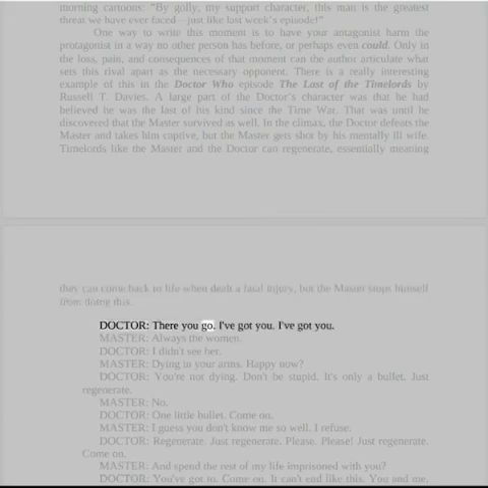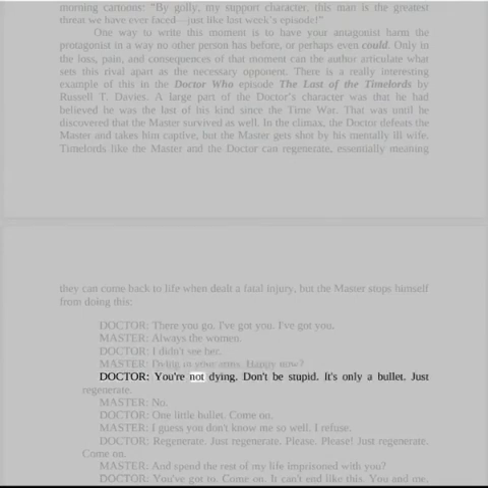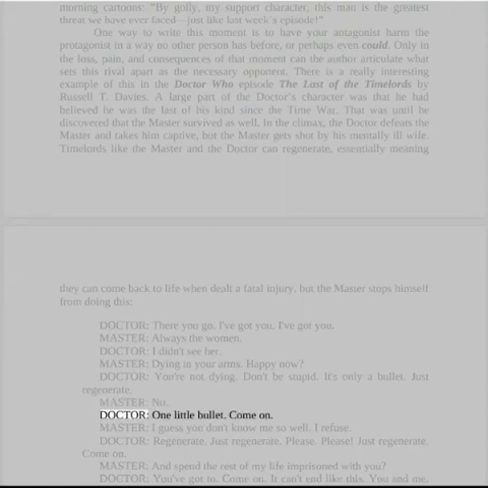Doctor: There you go. I've got you. Master: Always the women. Doctor: I didn't see her. Master: Dying in your arms. Happy now. Doctor: You're not dying. Don't be stupid. It's only a bullet. Just regenerate. Master: No. Doctor: One little bullet. Come on. Master: I guess you don't know me so well. I refuse.